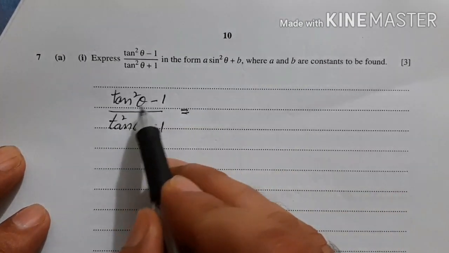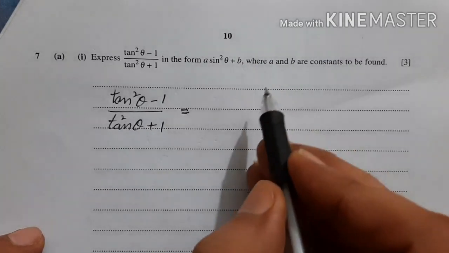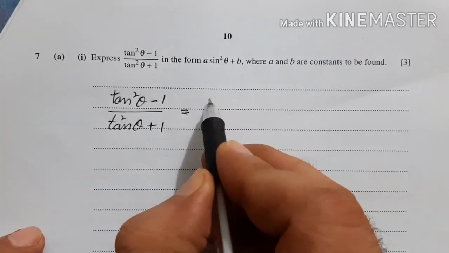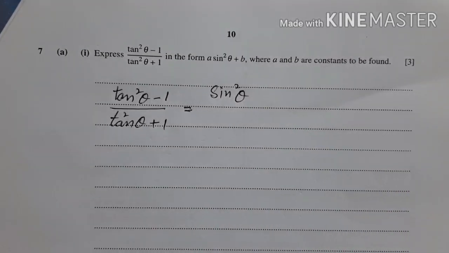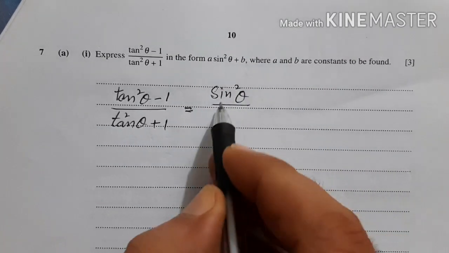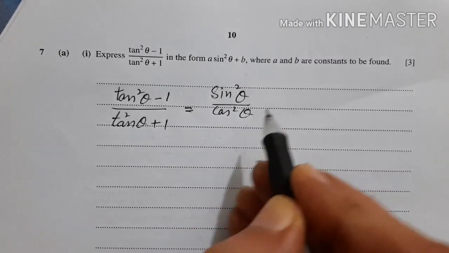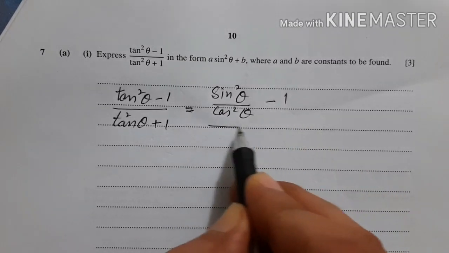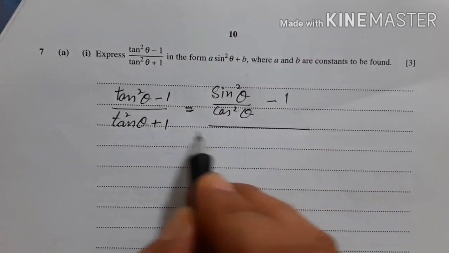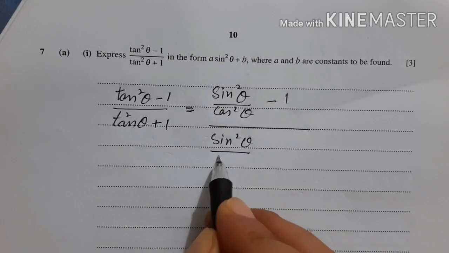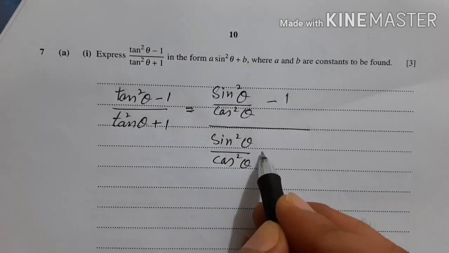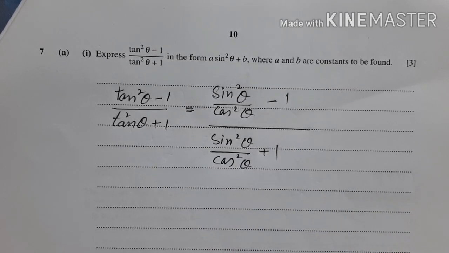This tan can be written as sine over cos, so tan square can be written as sine square theta over cos square theta, minus 1, over sine square theta over cos square theta, plus 1.